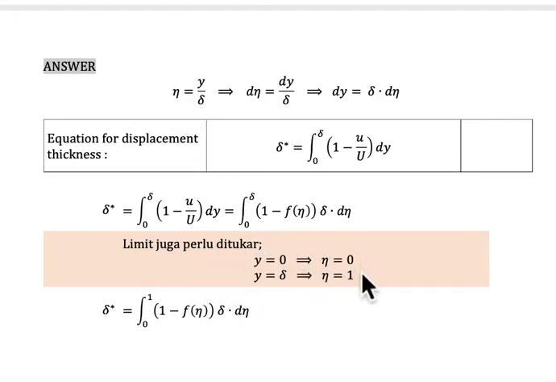So the limits change from 0 to delta to 0 to 1. Finally, the equation for displacement thickness to be used with the function of eta is the integration from 0 to 1 of 1 minus f(eta) times delta d eta. Please remember this if you want to solve problems of velocity profiles that have eta.